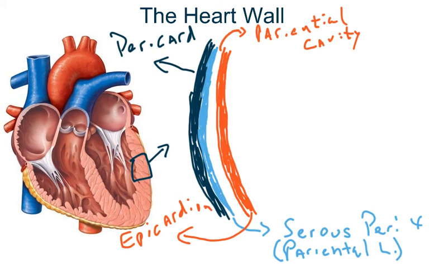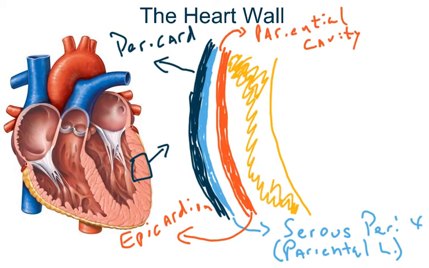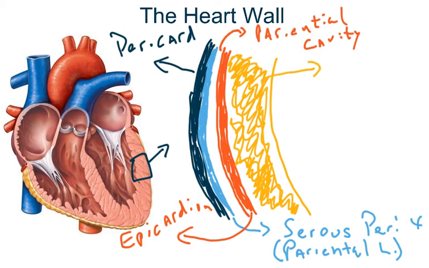And then beyond that, which is definitely the thickest layer of the heart, which I'm going to highlight here in yellow, I get to do a lot of coloring today in this lecture. I love it. This is what we call the myocardium.